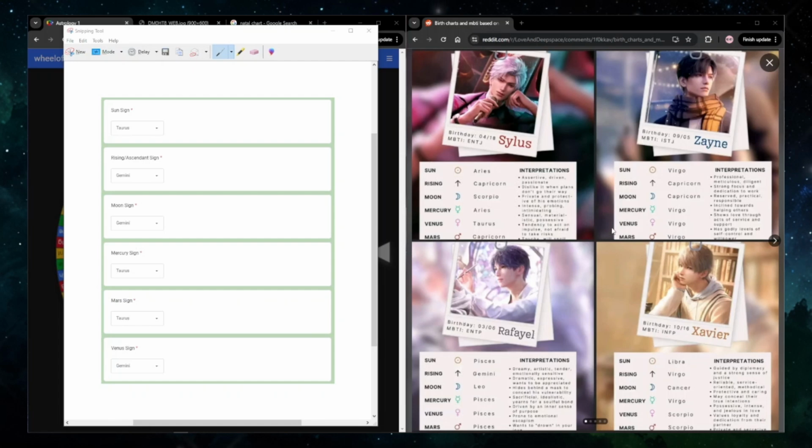So let's see Zane. So Zane is a Virgo and you are a Taurus. So both earth signs, both very stable in that regard. However, you are very air heavy in your other placements here. So let's just jump to your moon, which is a Gemini, and his is in Virgo.